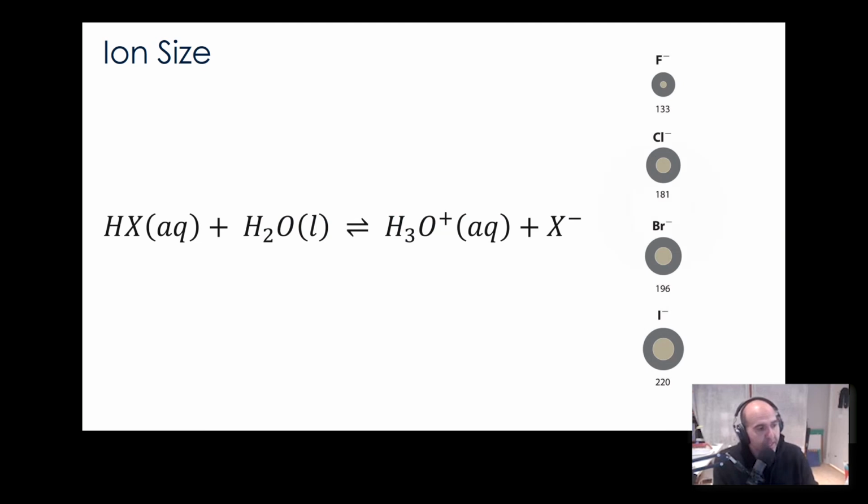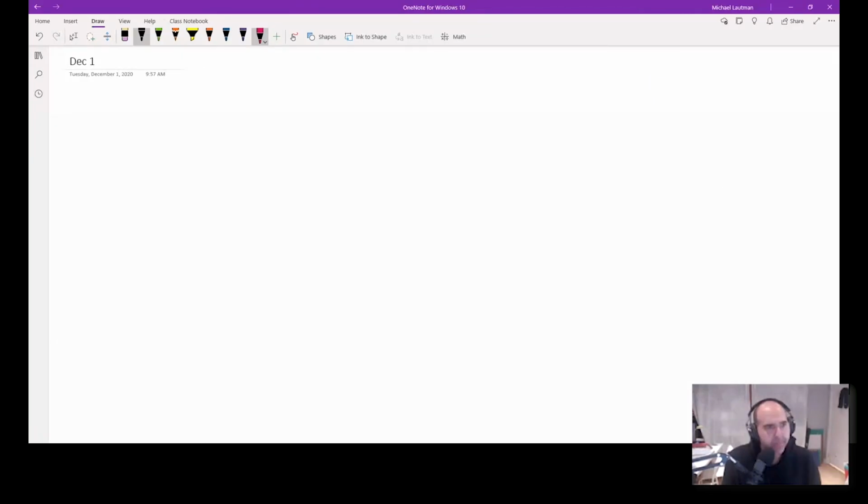And the reason for that has to do with this equation again. Remember that a strong acid, so on the surface, I'm just using a stand-in here, right?